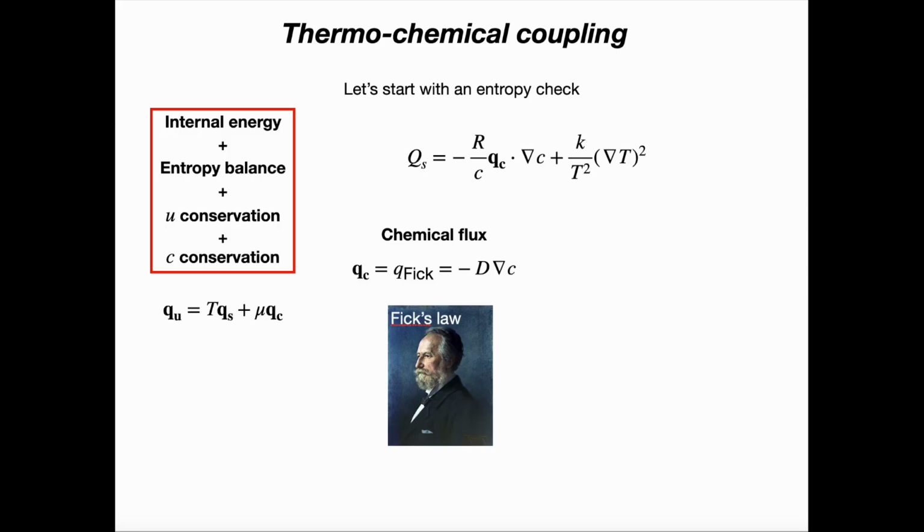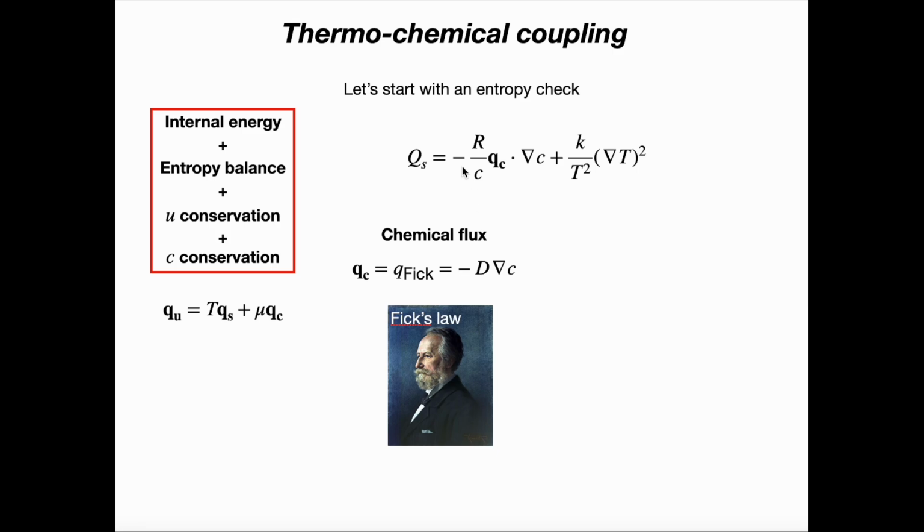And now what we can use is again some knowledge from the Fick's law. The Fick's law states that the chemical flux, or the concentration flux, would be a minus D, so it's a positive coefficient, times gradient C. If we use this into this formula, what will it generate?